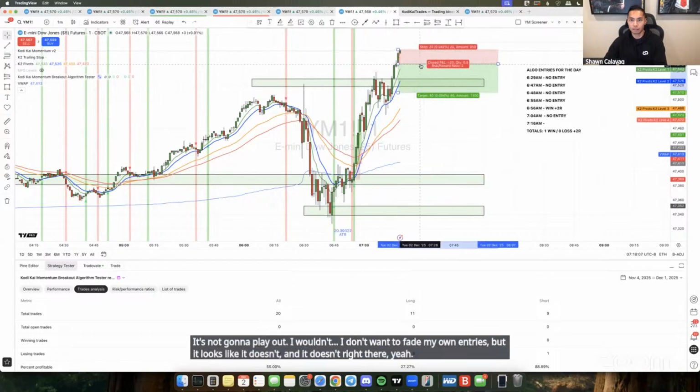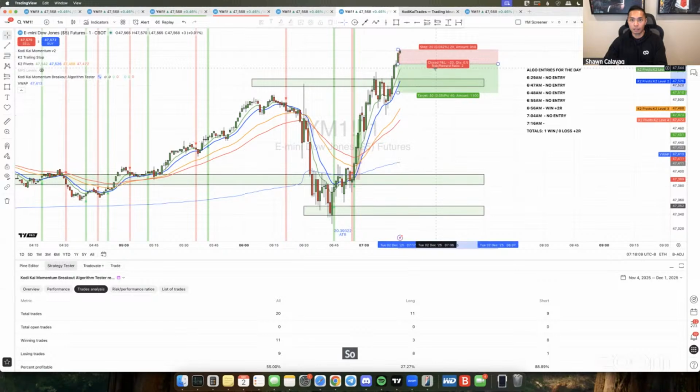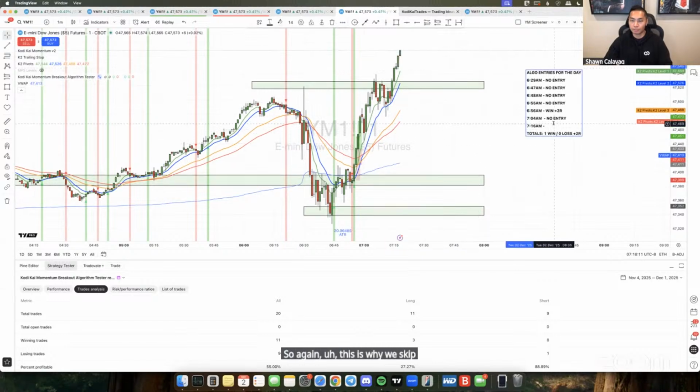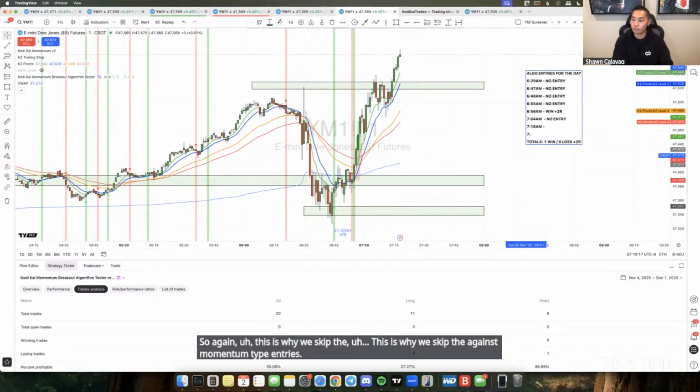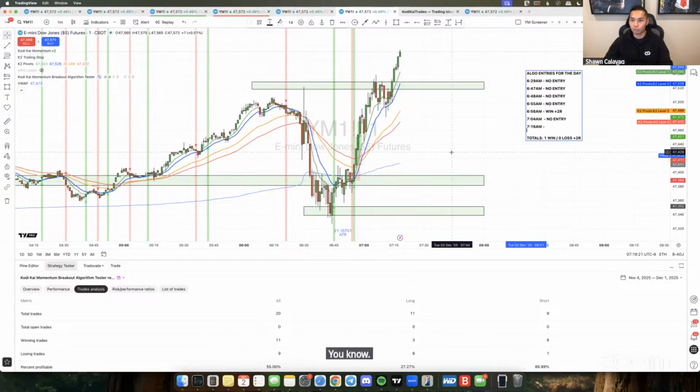Yeah. So again, this is why we skip the against momentum type entries. Honestly, there's not even any point to document them because we're not taking them. So we're just not going to document the against momentum.